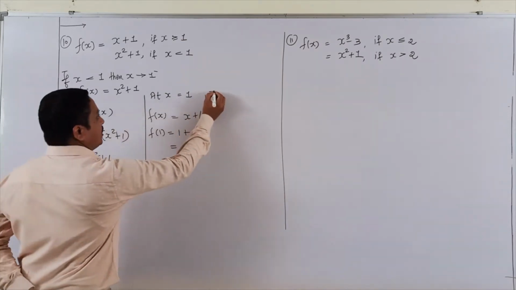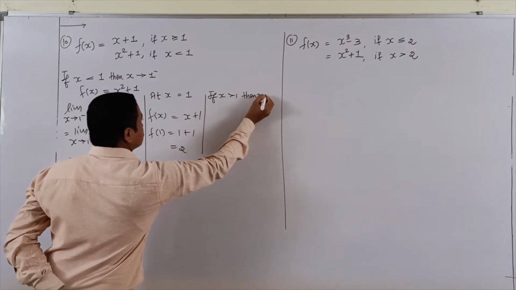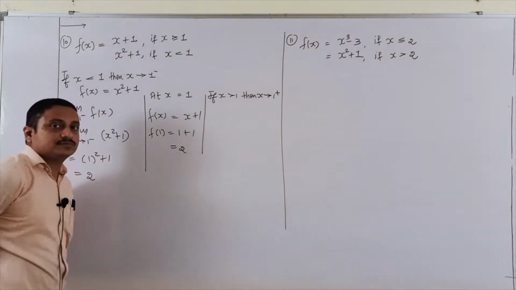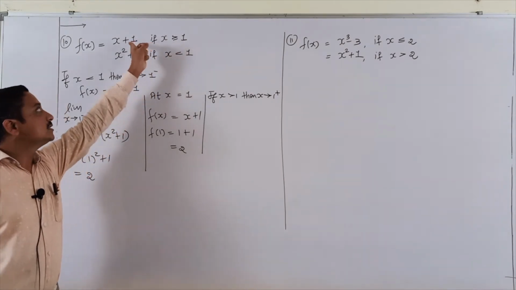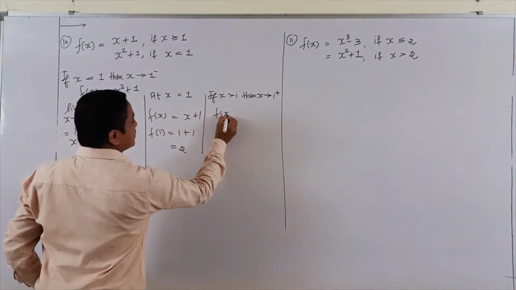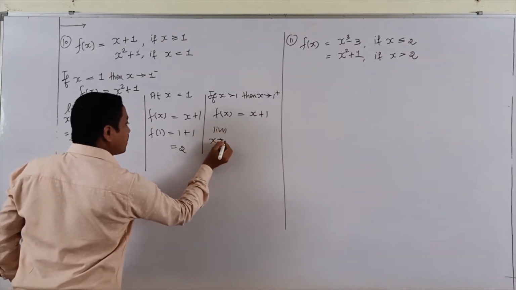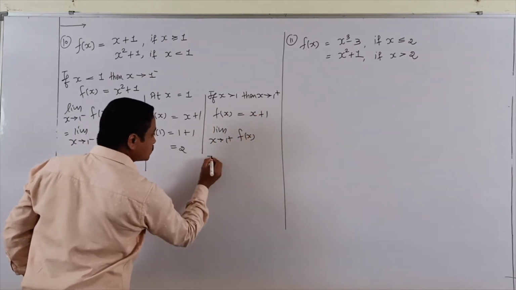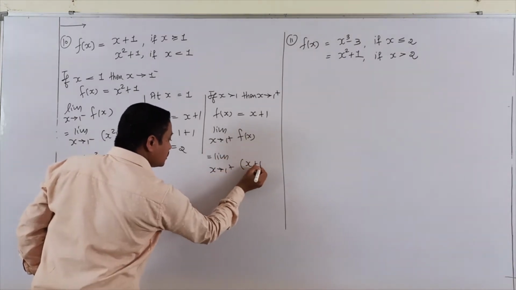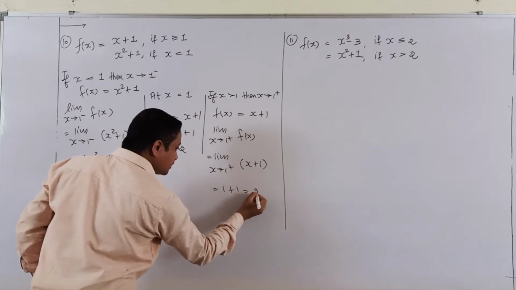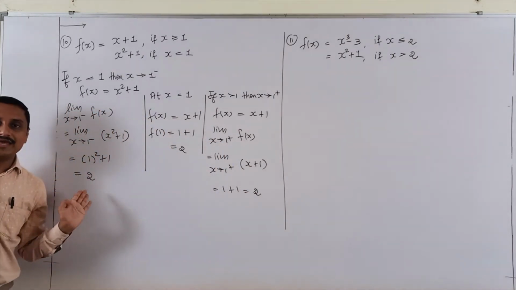And the last case, if x is more than 1, then x tends to 1 positive. But what is the function in the 1 positive case? Same, it is x plus 1. So for 1 positive, the value of f(x) is x plus 1. Finally the answer is 2. Check, they are the same.